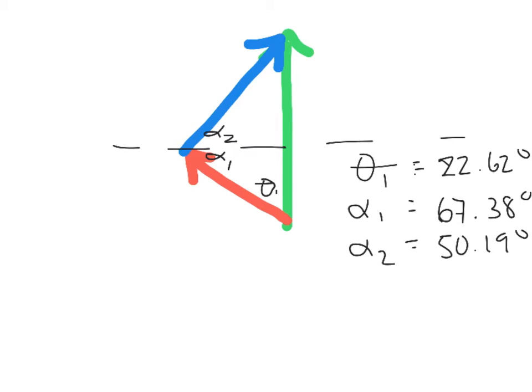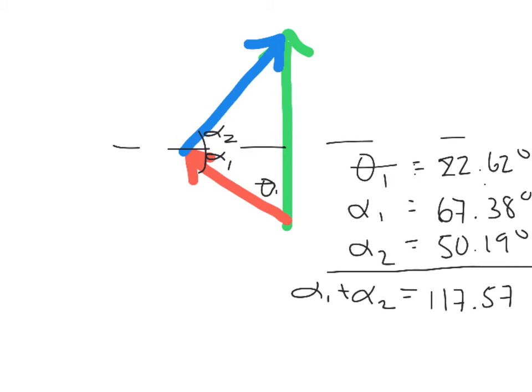So now I have theta 1 is 22.62, my alpha 1 is 67.38, and my alpha 2 is 50.19. Now, if I add up alpha 1 plus alpha 2, I get the angle of the triangle: 117.57 degrees.